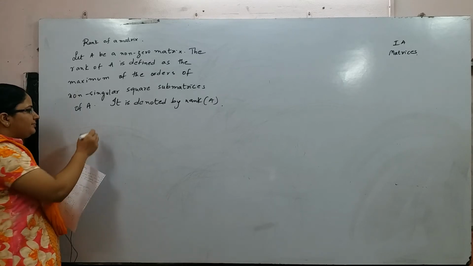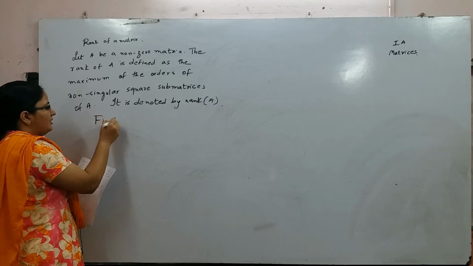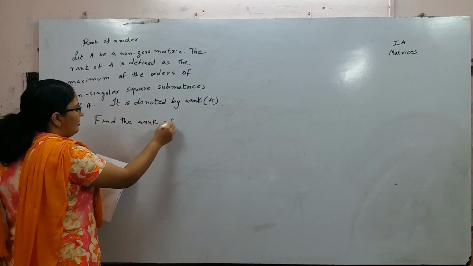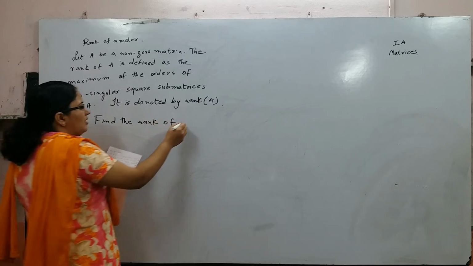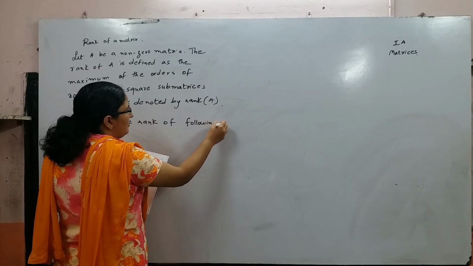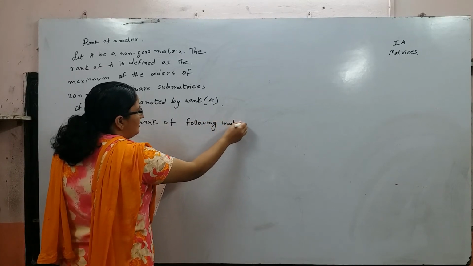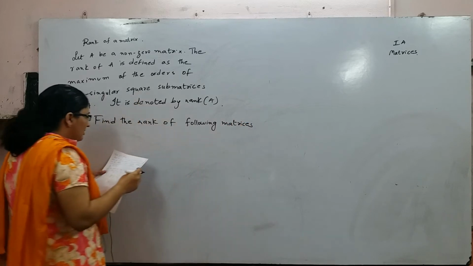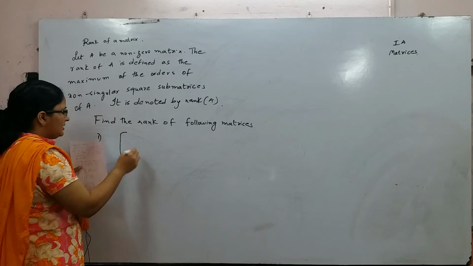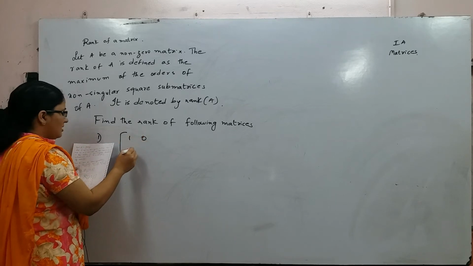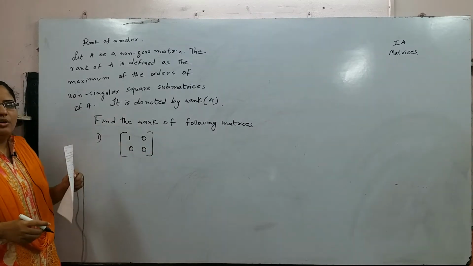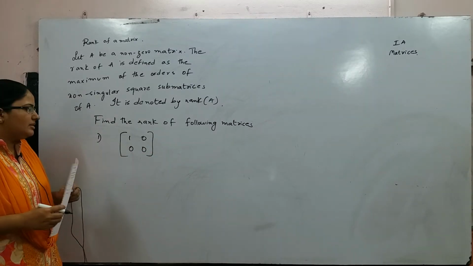So let us see how to find the rank of the given matrices. First one, find the rank of the following matrices. First one, 1 0 0 0. In order to find the rank, you have to find the determinant first.